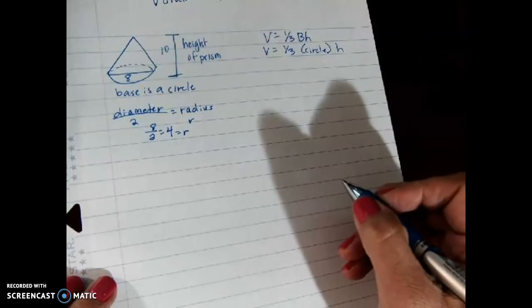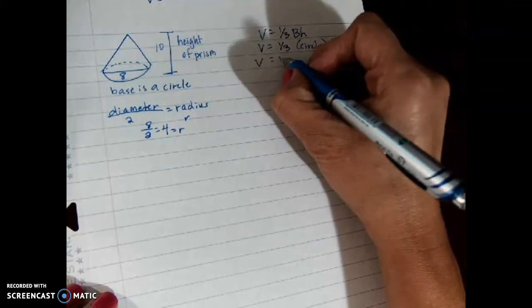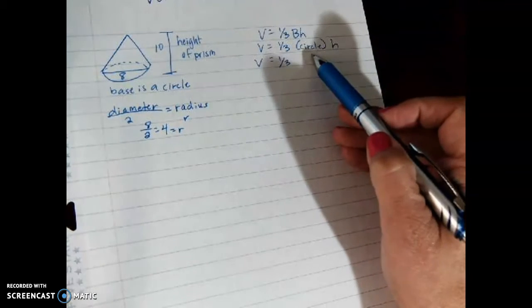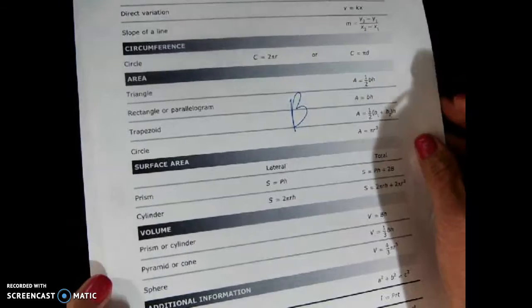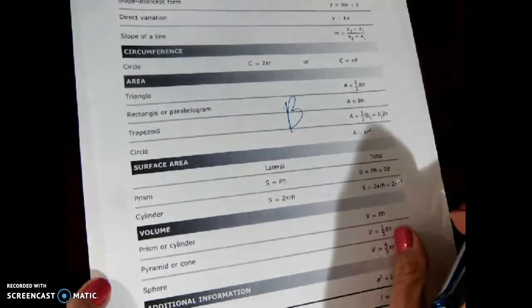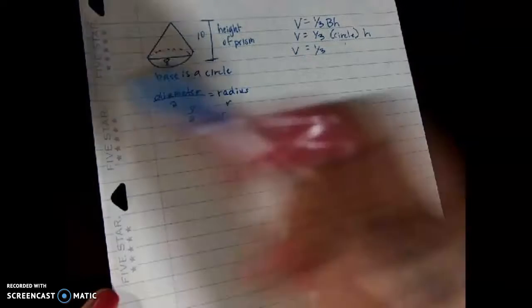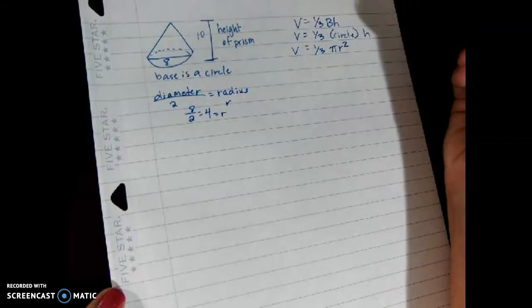Then in the next one, we keep the 1/3, and since this is a circle, what is the area formula of a circle? I'm going into the big B section, and it is pi r squared, times the height.